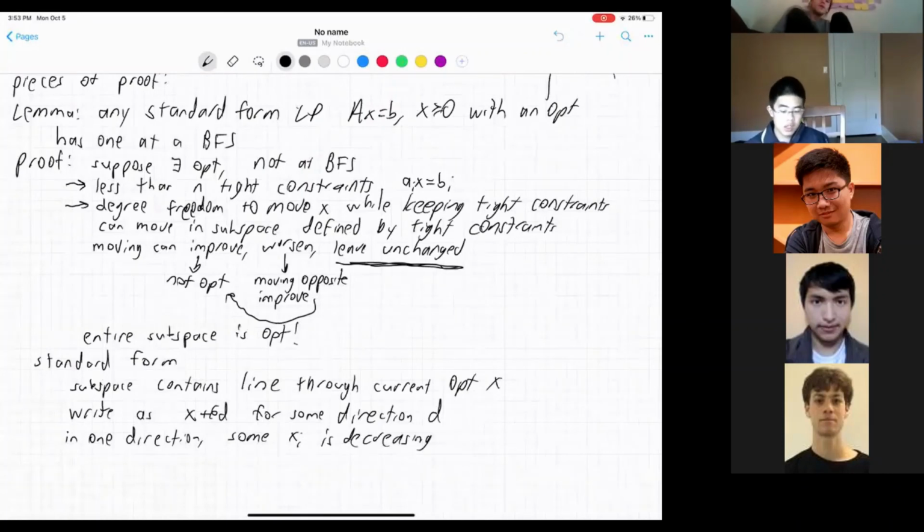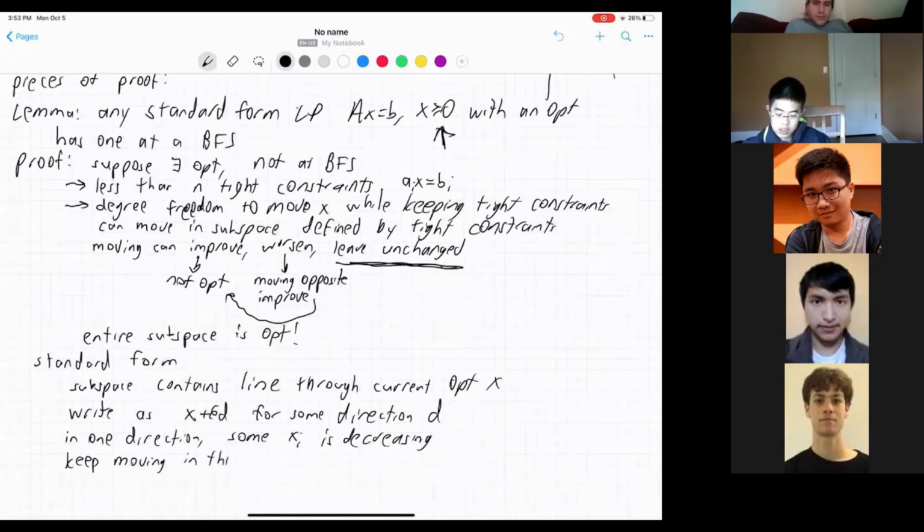But remember that the standard form has this constraint that all the x's should be greater than or equal to 0. So I'm going to keep moving in this direction until some x_i hits 0.